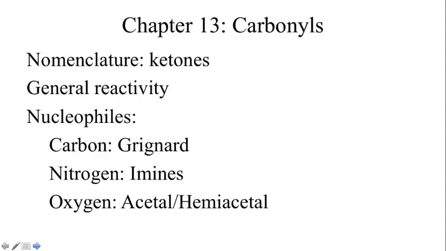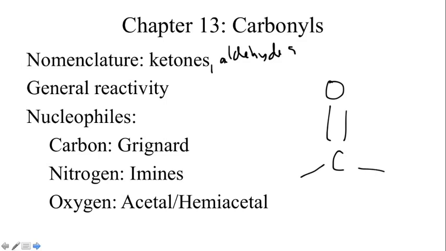When we look at our carbonyls, we've got our ketones and technically our aldehydes that we've got to be concerned about. Our general reactivity, if we look at the overall carbonyl functional group, is that our oxygen, being more electronegative with those lone pairs as well, more electronegative than the carbon, can take the electron density away, meaning that oxygen becomes an electron source.